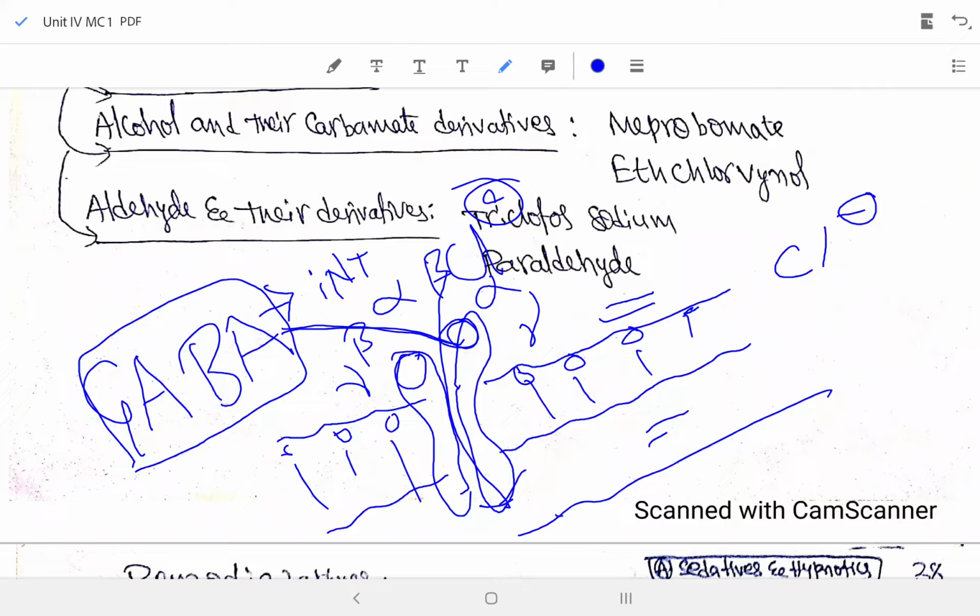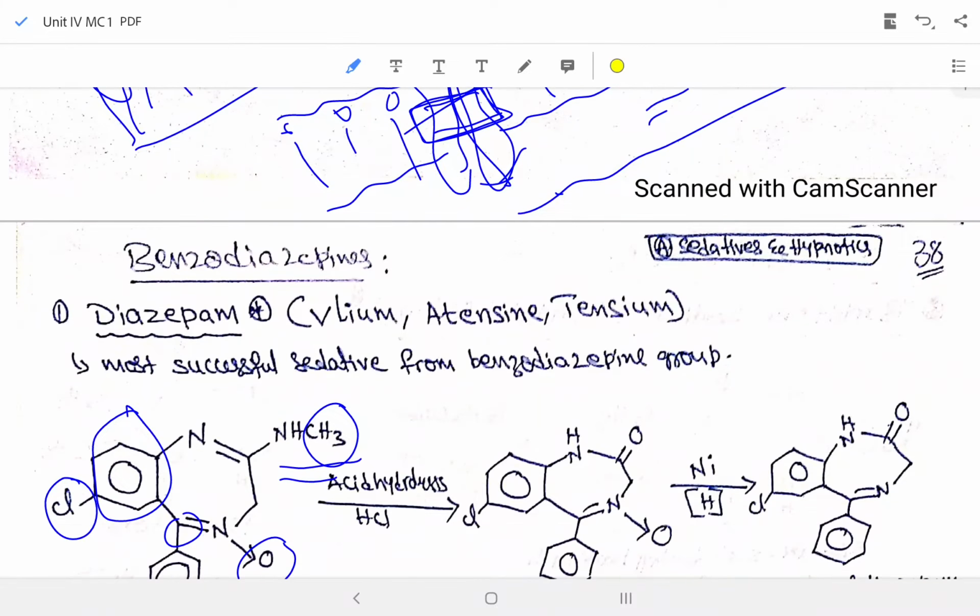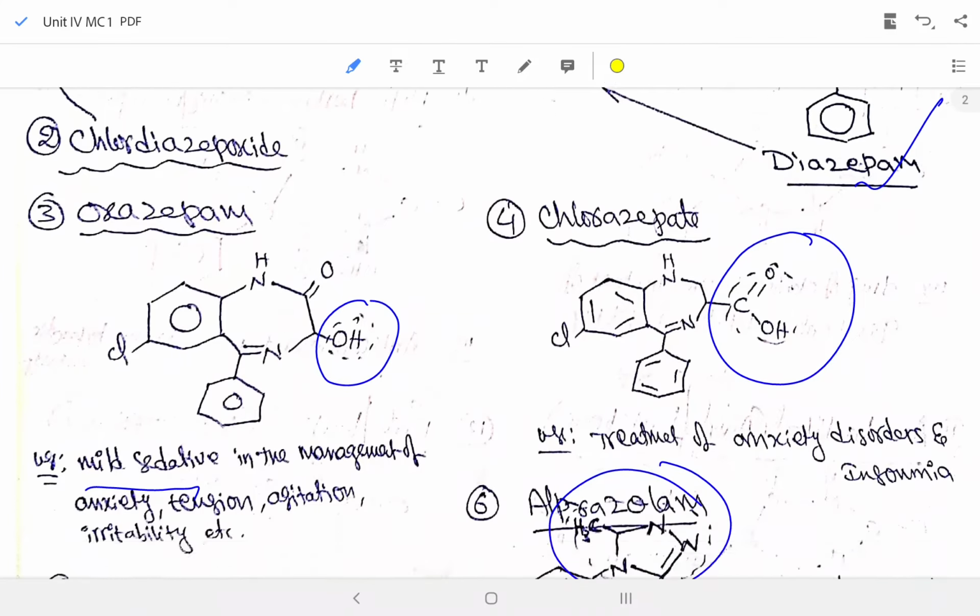That means they help GABA, but they don't have a direct effect. The drugs we use don't create the effect directly. This is the binding site for barbiturates, and this is the binding site for benzodiazepines. Okay, clear.